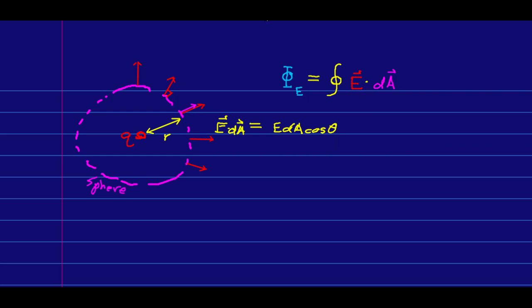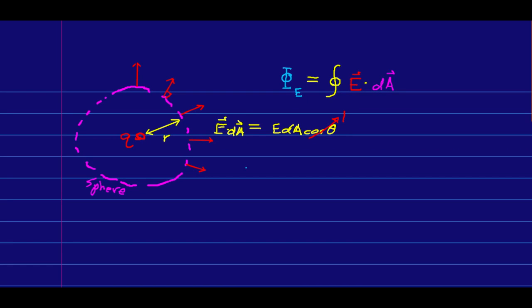And so theta is 0 and cos of 0 is 1, and so we don't have to worry about that angle. And so that's simplified our flux. It's got rid of all the vector symbols. It takes care of the dot product.